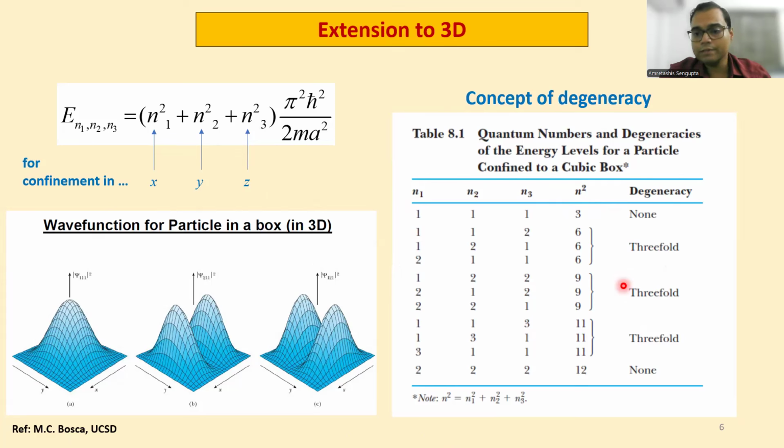This is called threefold degeneracy because there are three different quantum states having the same energy. Here also we see threefold degeneracy. And some states may not be degenerate. Thus, the concept of degeneracy can also be understood very elegantly from the particle in a box problem.